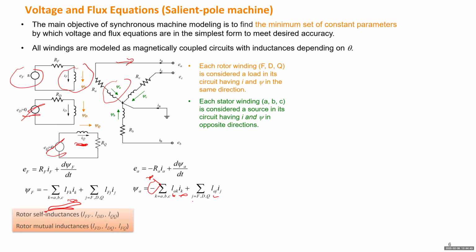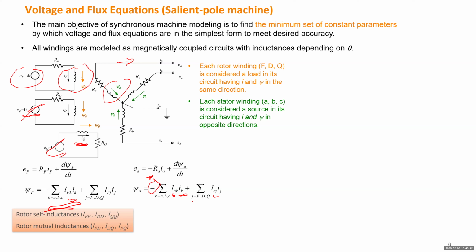Okay, to summarize, we have so many parameters to model this generator, which are basically those self and mutual inductances, written as L with two letters. The two letters categorize which two windings we're talking about. If it's about the rotor, it will have rotor self-inductances, so the two letters are identical: LFF, LDD, and LQQ.